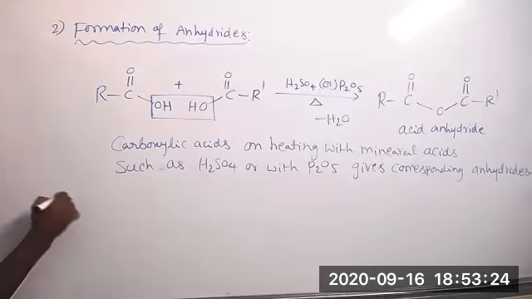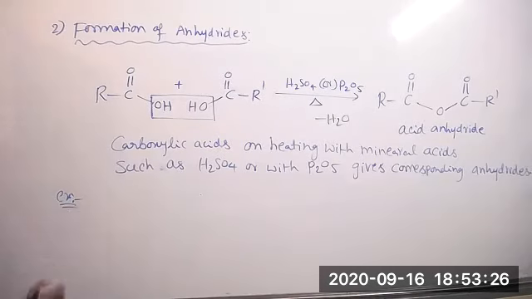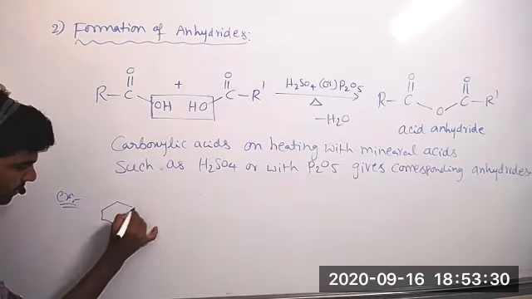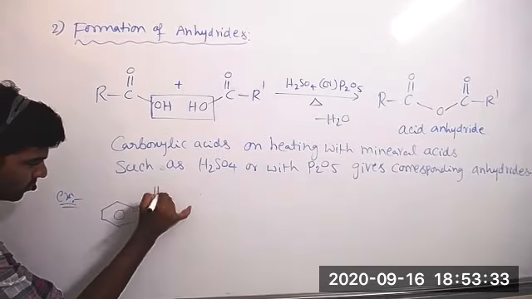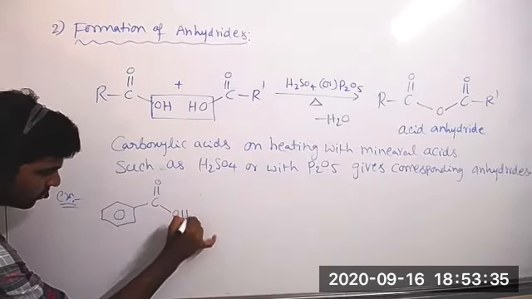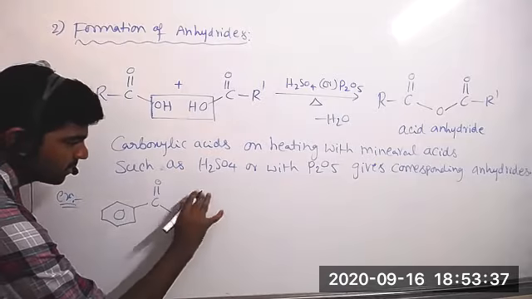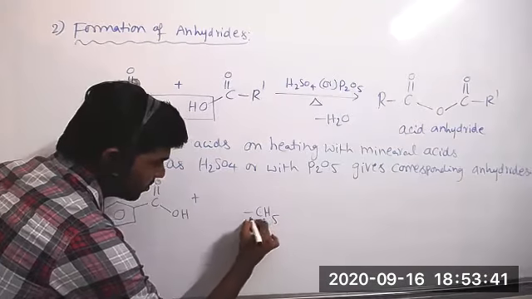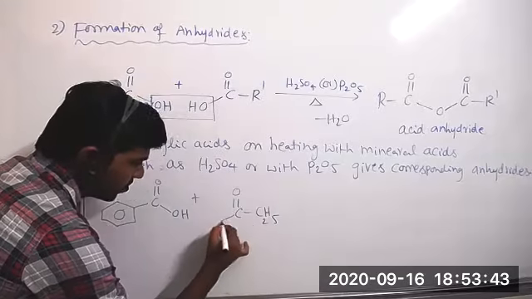Write one example. Take benzoic acid. Benzoic acid plus propanoic acid, C2H5 C double bond O OH.